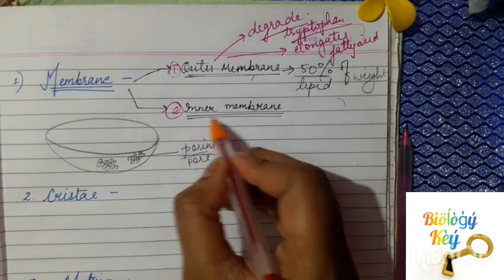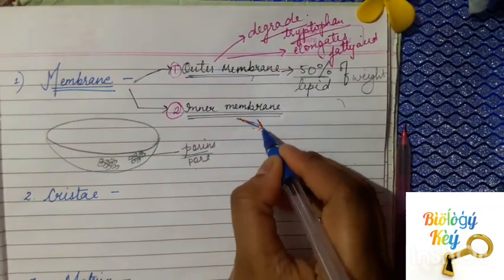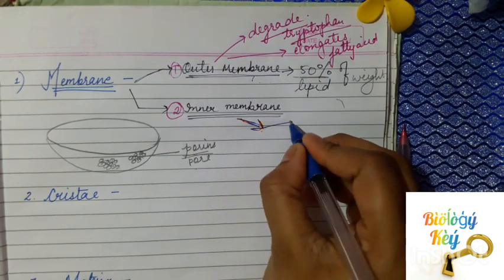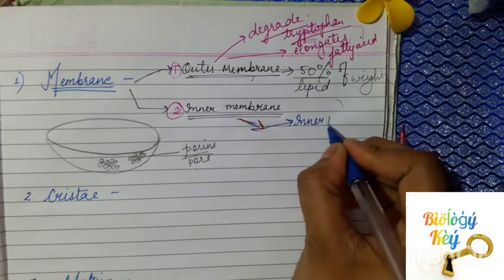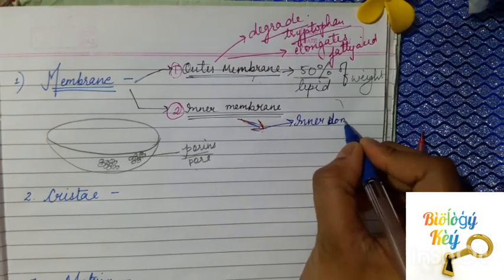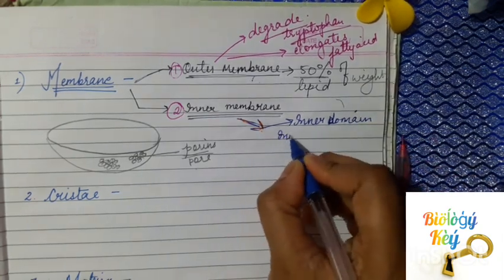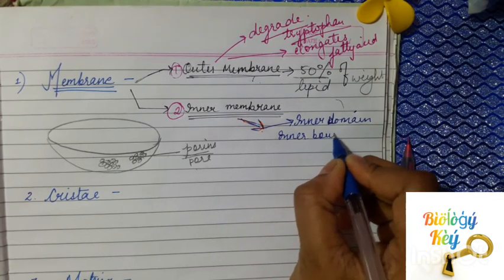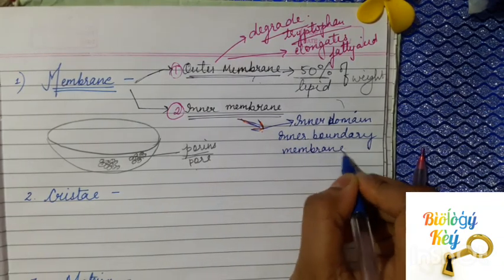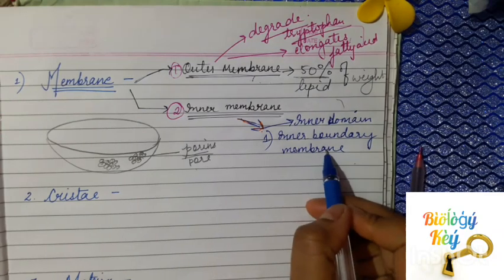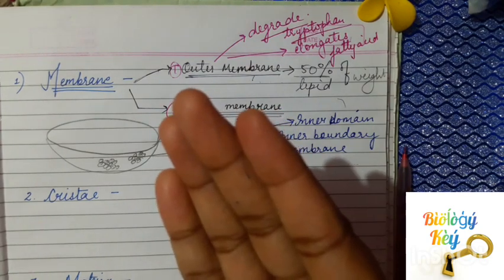Now we'll start with the inner membrane. The inner membrane is again very important. This inner membrane is subdivided into two. One is the inner domain, which is called the inner boundary membrane. This inner boundary membrane is present just next to the outer membrane.